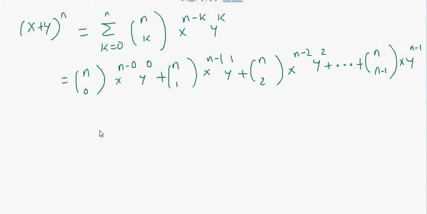And each of these terms, n choose 0, n choose 1, n choose 2, has an expansion.